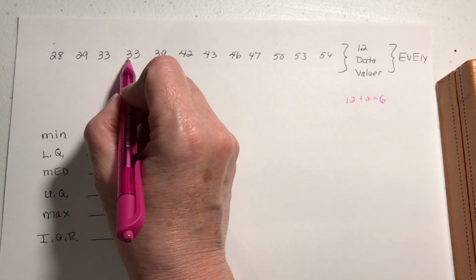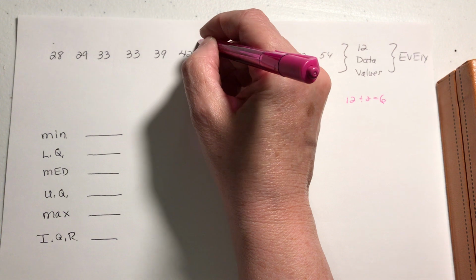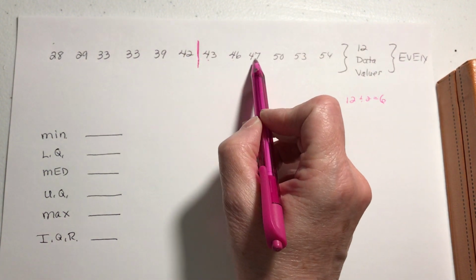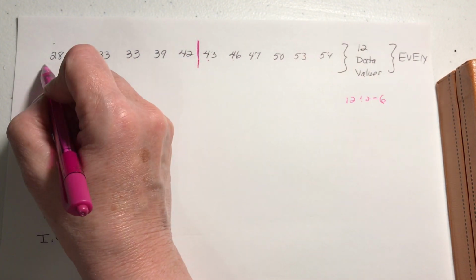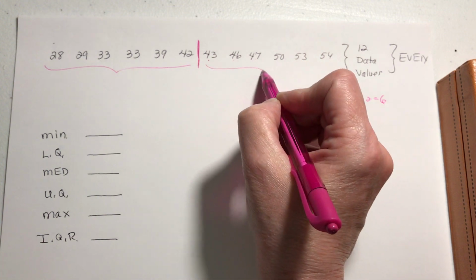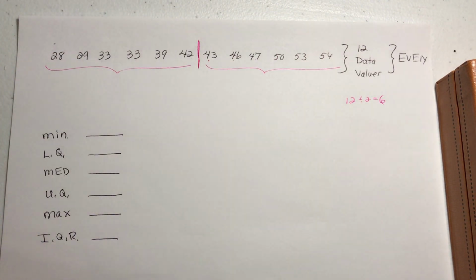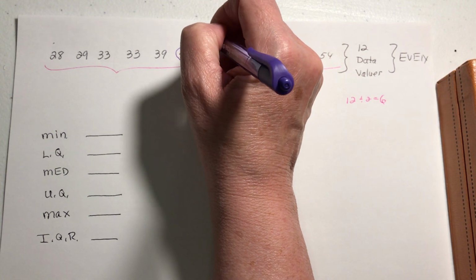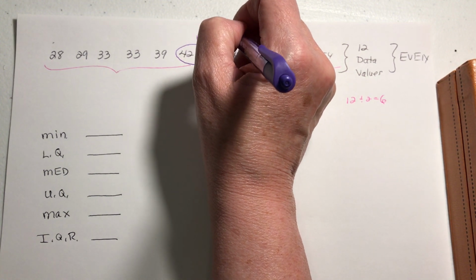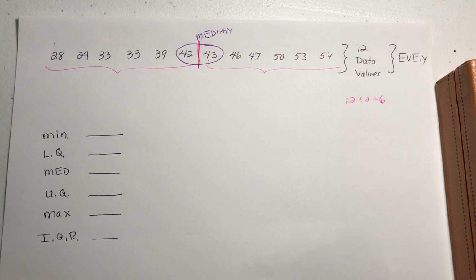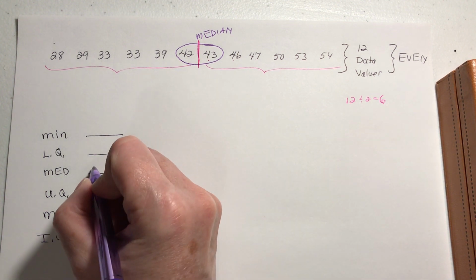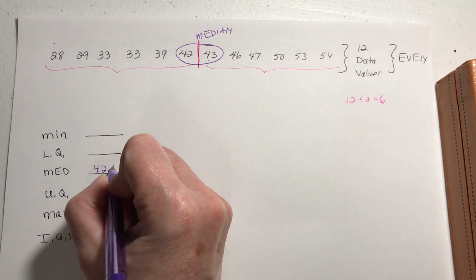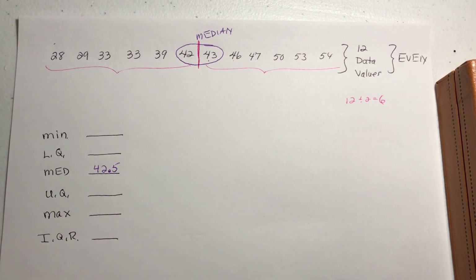So 1, 2, 3, 4, 5, 6. 1, 2, 3, 4, 5, 6. So you've got 6 below and 6 above. My median is going to be the average of these two numbers. 42 plus 43, divide that in half, and you're going to get 42.5. Okay?